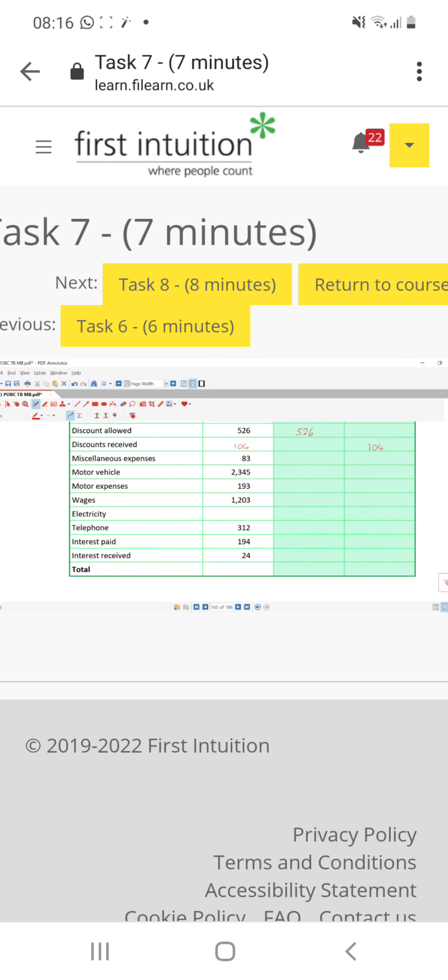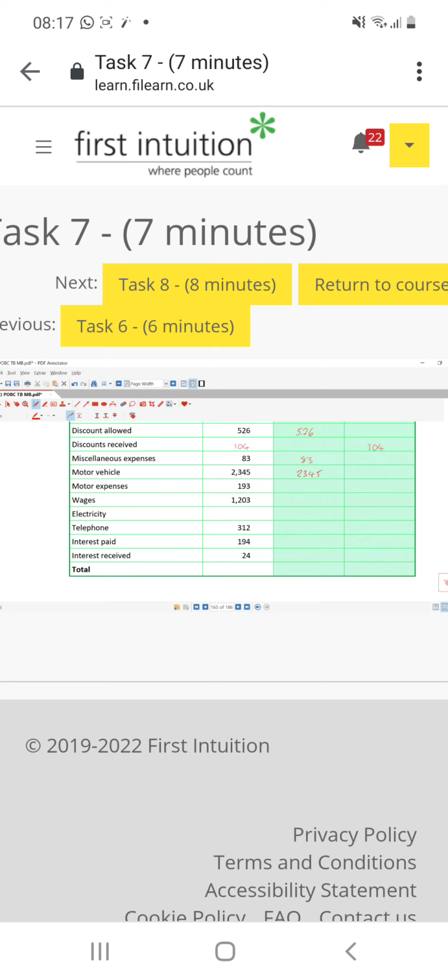And then our final few for our miscellaneous expenses, still it's an expense, so will be on the debit side for that 83, just like we had our non-current assets earlier for machinery. We have non-current assets for motor vehicles, which are still assets at 2345.